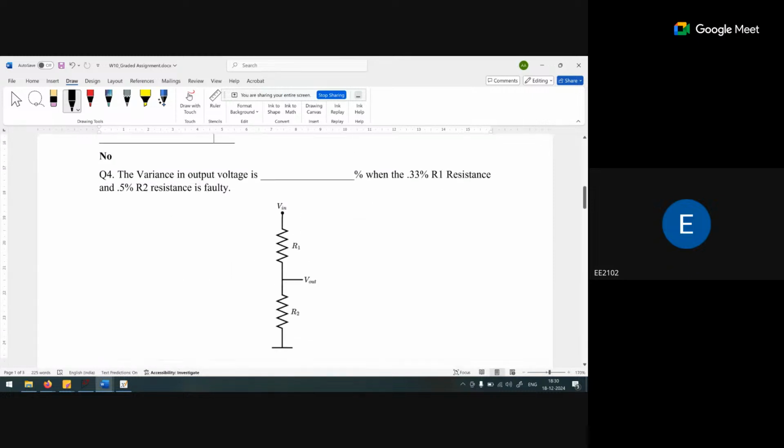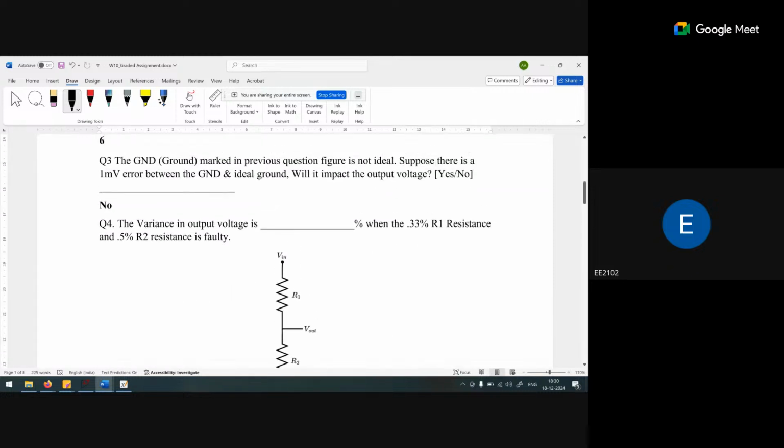Now if we go with the third question, here the ground in the previous question's figure is not ideal. Suppose there is a 1 millivolt error between the ground and the ideal ground. Will it impact the output voltage?